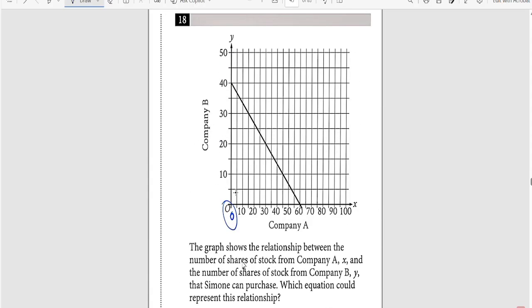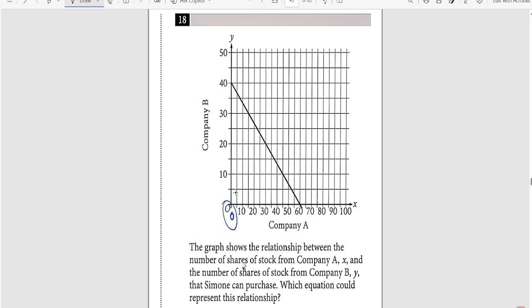Now we have the second question, a graph question. So this graph, going downward, is showing the relation between the number of shares of stocks from company A, x, and the number of shares of stocks from company B, y, that Simone can purchase.